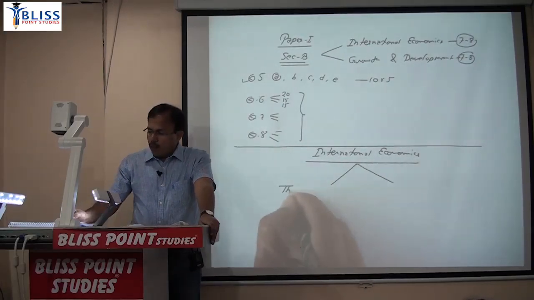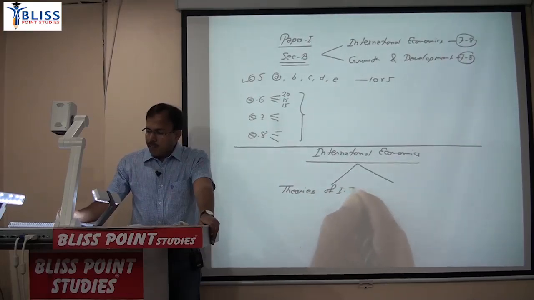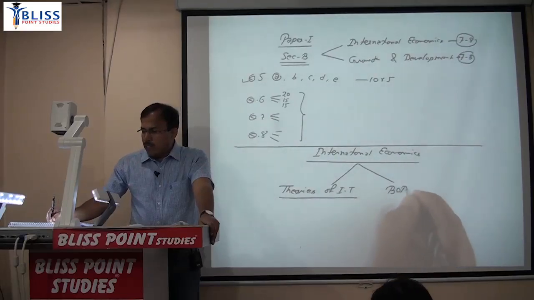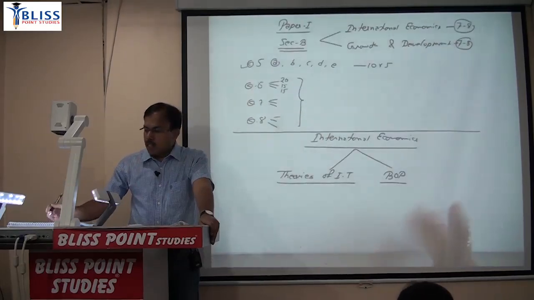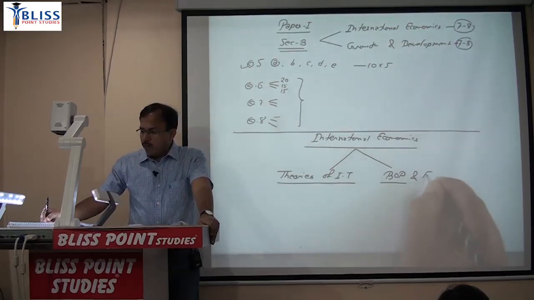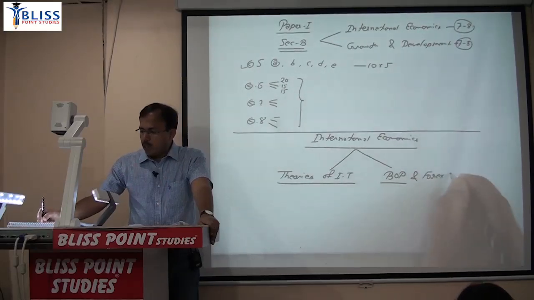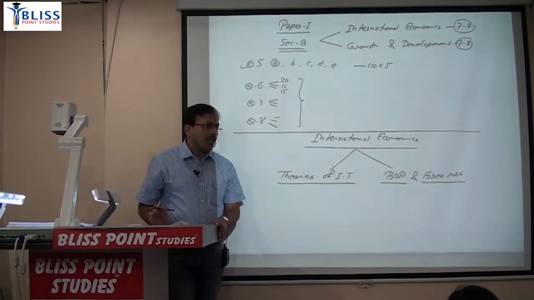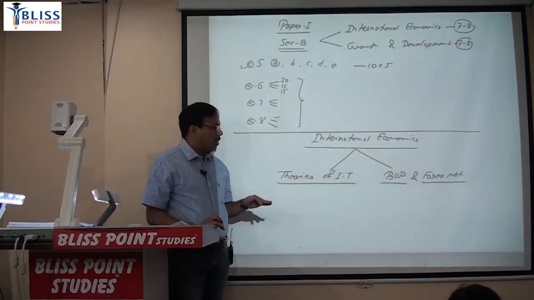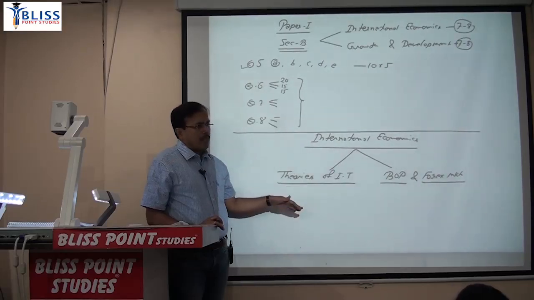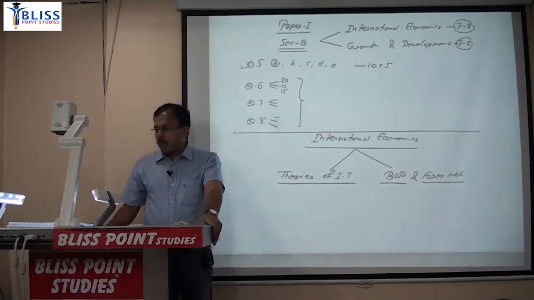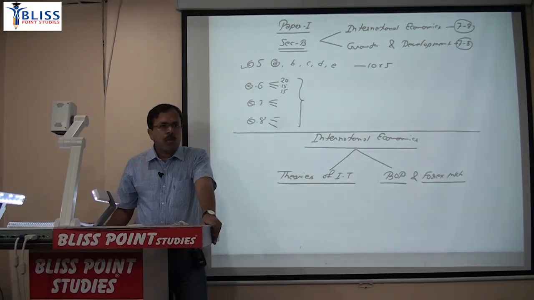One will be theories of international trade, and the other will be related to balance of payment and foreign exchange market, or forex market. One section will be all theories of trade, whether new theories or old theories, and the other part will be balance of payment and related issues, BOP and the foreign exchange market.